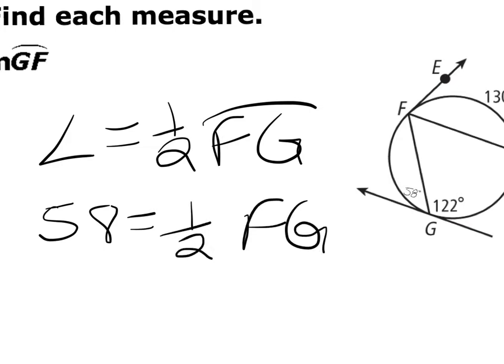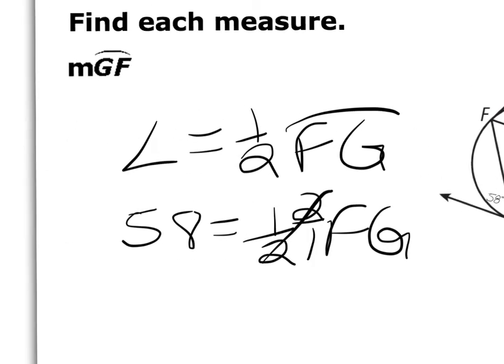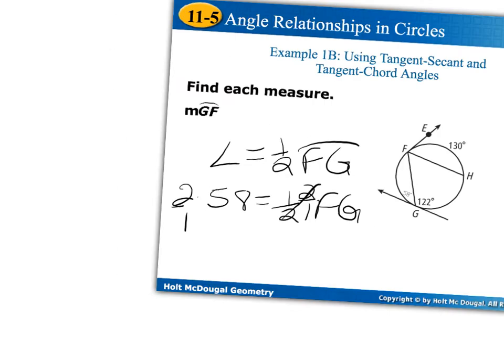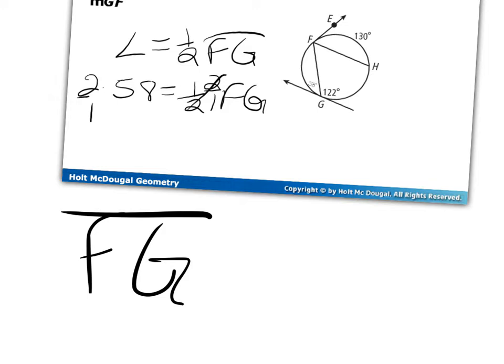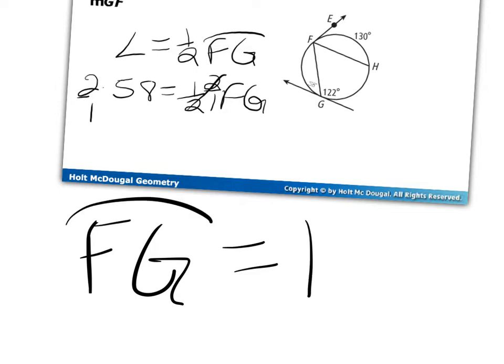To get rid of the 1/2, I multiply 2 over 1 over here, and 2 over 1 over here. And I get arc FG equals 116 degrees.